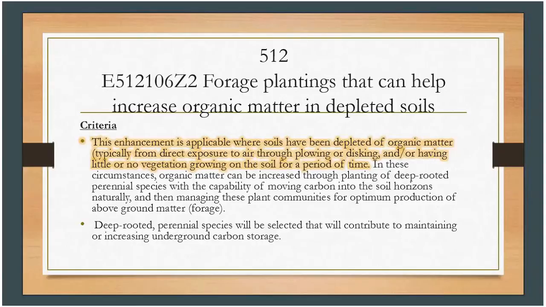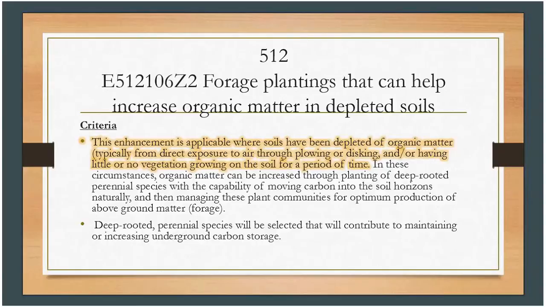It's saying that this enhancement is applicable where soils have been depleted of organic matter, typically from direct exposure to air through plowing or disking, and or having little or no vegetation growing on the soil for a period of time.